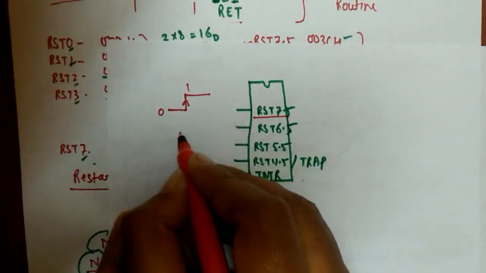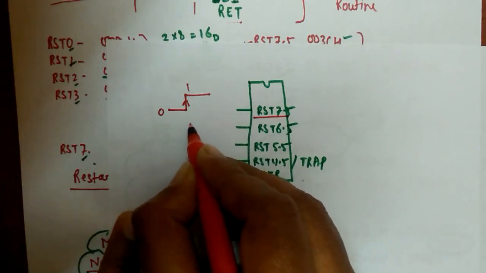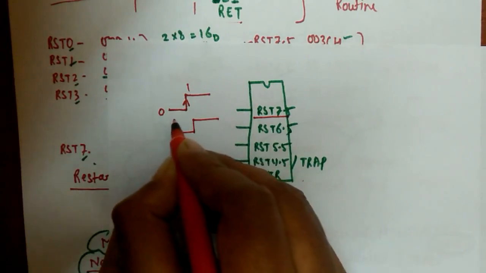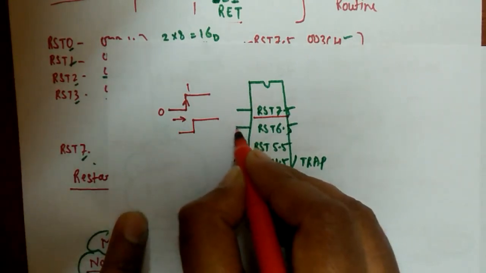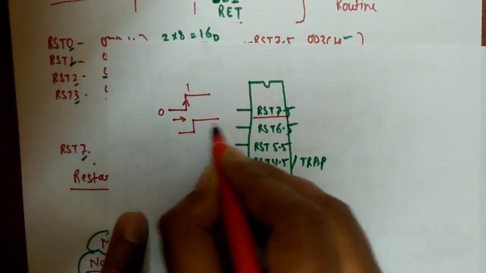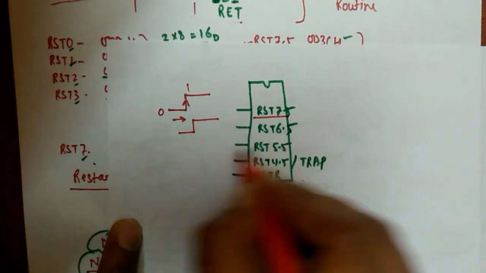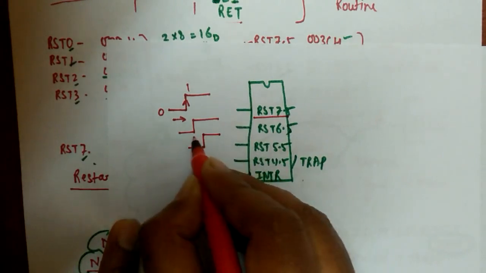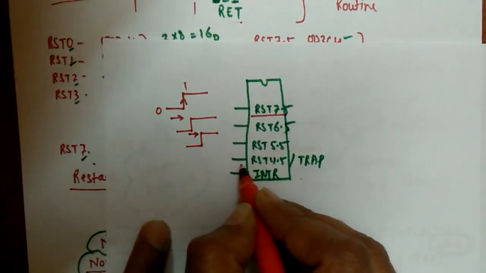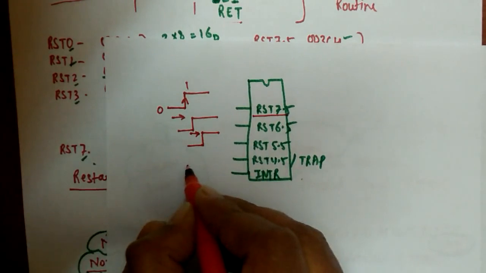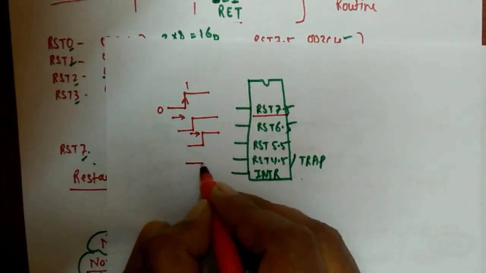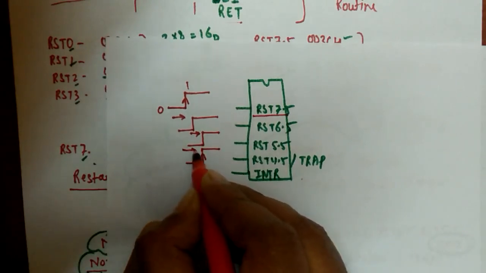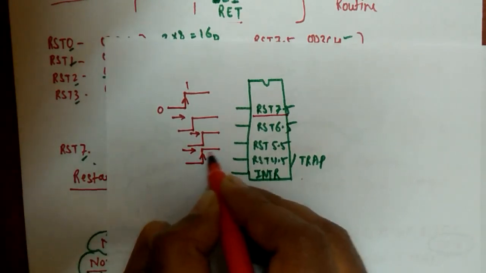Only for RST 6.5 there must be a high signal. If at this pin a high signal is there, then the microprocessor will initiate an interrupt process. Similarly for RST 5.5, at this pin also the signal must be high. For TRAP, first of all the signal must be low, then it must go to high, and then it must be held at high for some time.